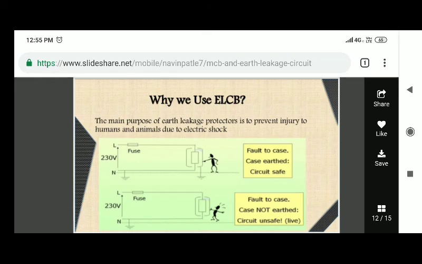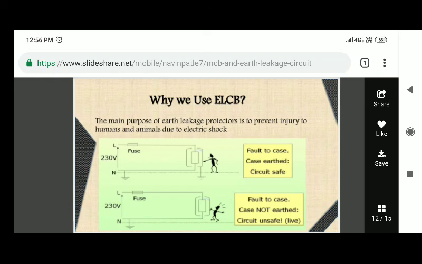But if the ELCB is connected after the MCB, then where leakage current is flowing, if a person touches the body of the appliances or instruments, some fluctuation occurs, and the incoming and outgoing supplies vary because the human being touches the appliance.